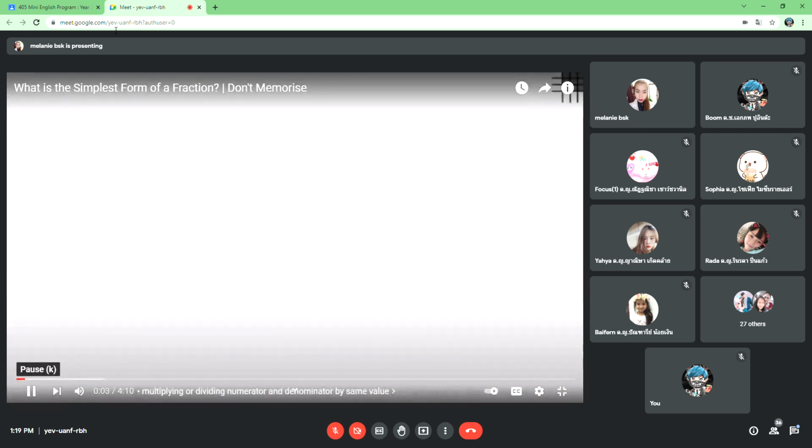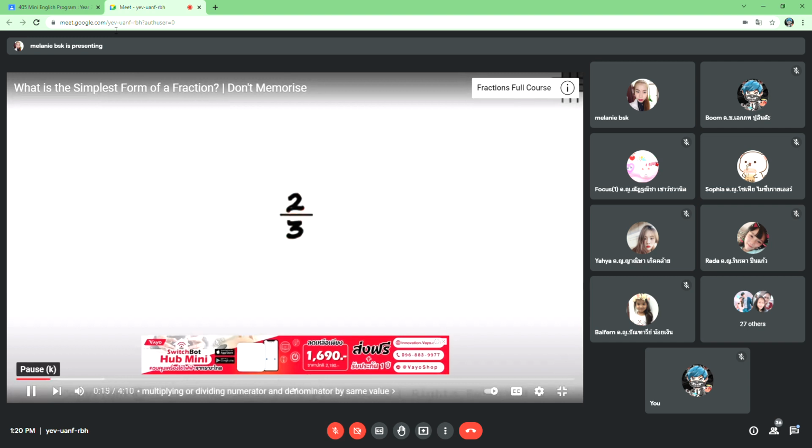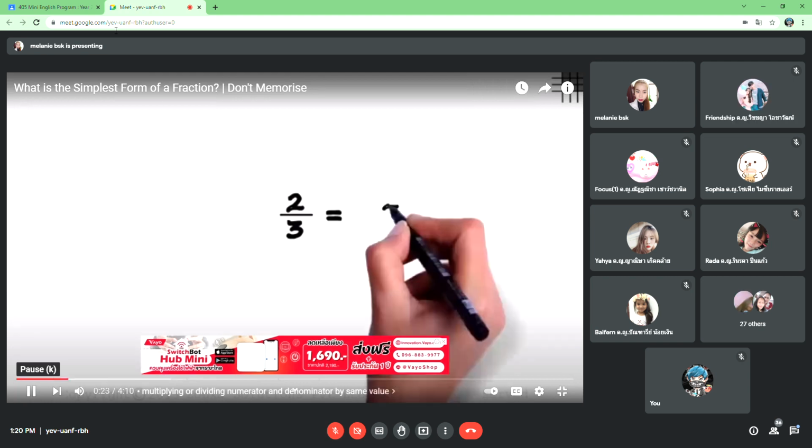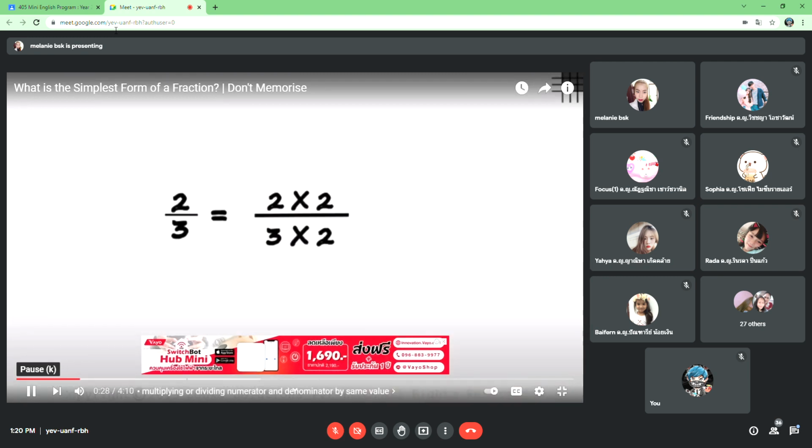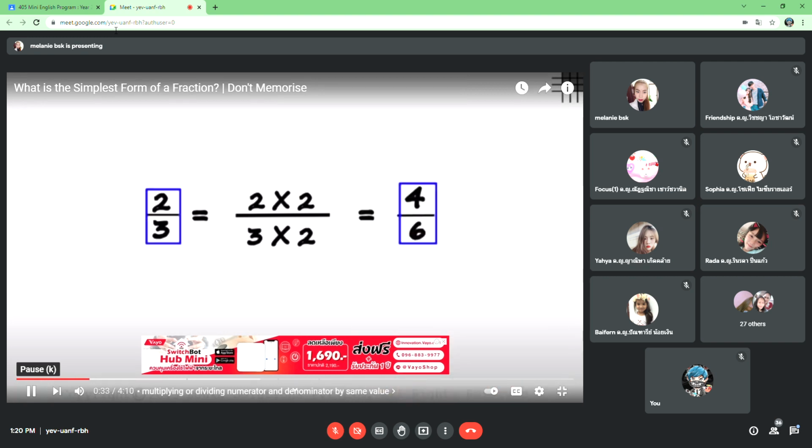The fraction 2 by 3. All fractions have a very special property. If we multiply the numerator and the denominator of a fraction by the same number, the value remains unchanged. Multiply the numerator and the denominator by 2: 2 times 2 is 4, and 3 times 2 is 6, and these two fractions have the same value.